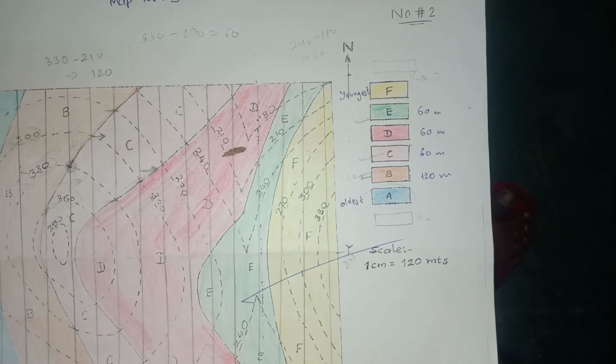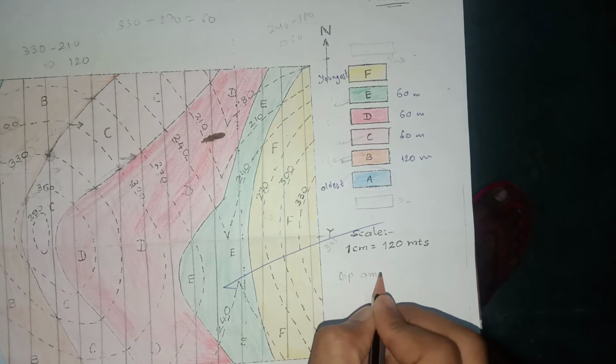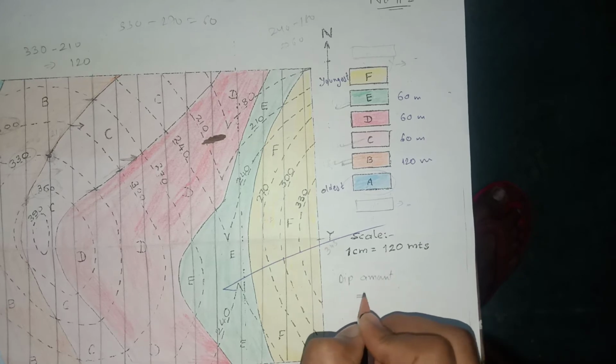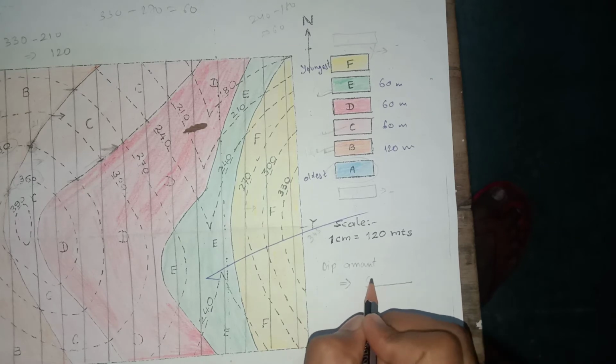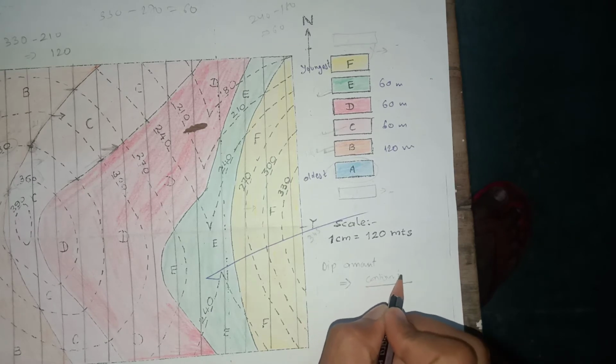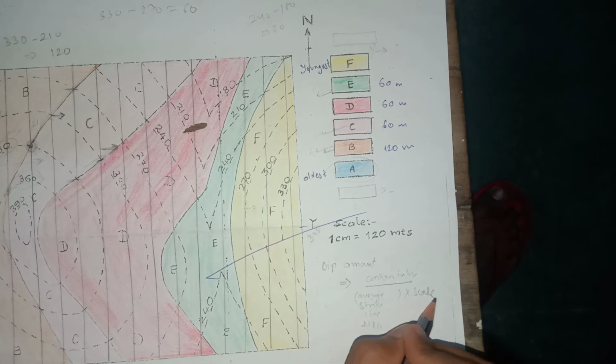Now we have to find the dip amount. Okay, the dip amount formula is contour interval upon average strike line difference into scale of the map.